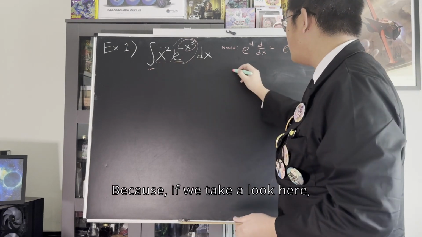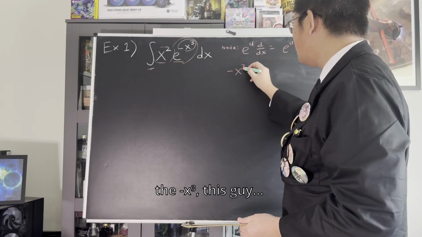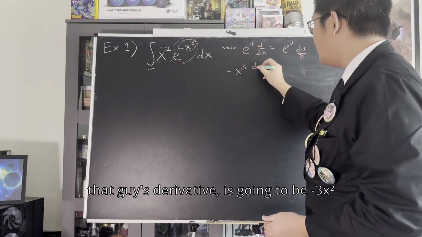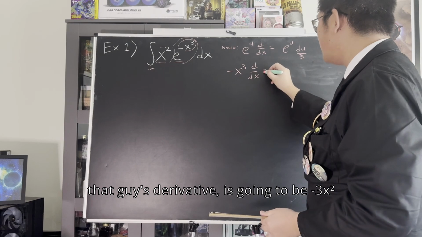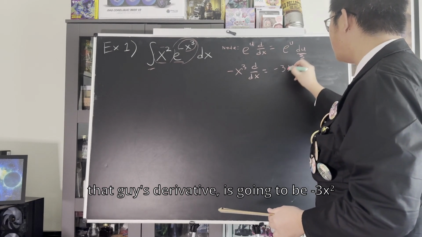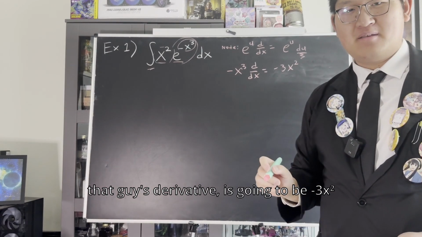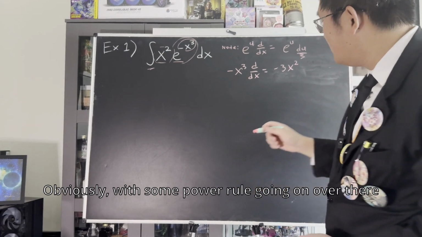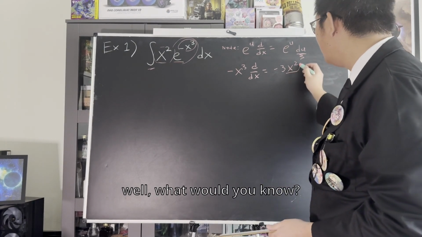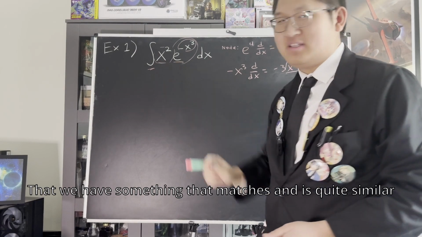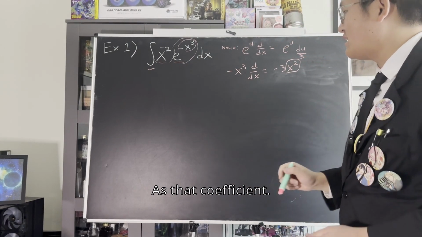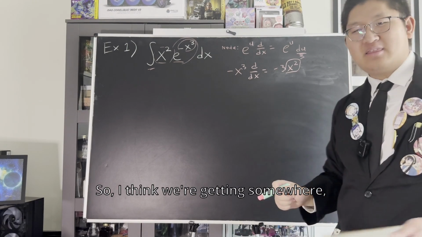Because if we take a look here, the negative x cubed, that exponent in this problem, its derivative is going to be negative 3x squared, obviously with some power rule going on over there. Well, what would you know? We have something that matches quite similar to what we have over there as that coefficient. So I think we're getting somewhere.